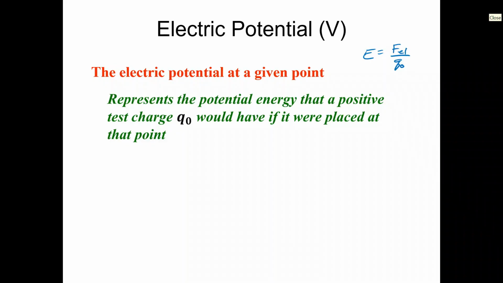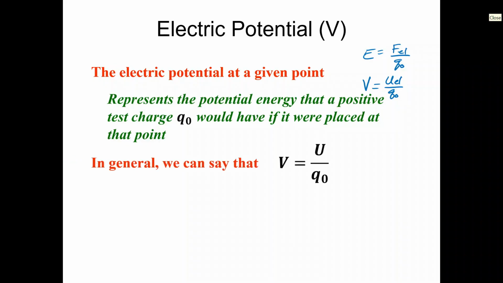The same thing is going to be true here. Our electric potential, which we're given the symbol capital V, is essentially the electric potential energy we would have if we had a test charge Q0 there. So the relationship is similar. We're basically dividing Q0 out of the calculation.